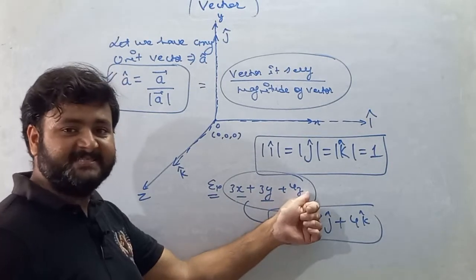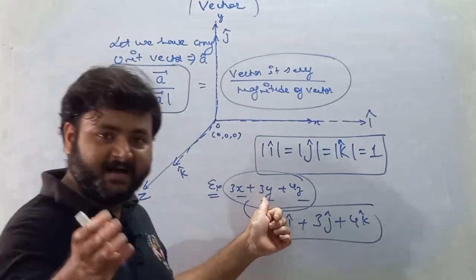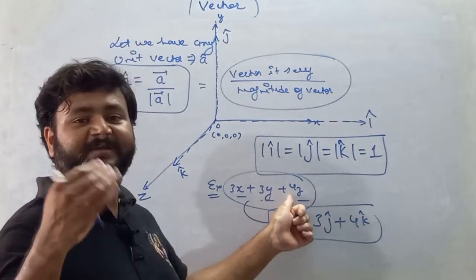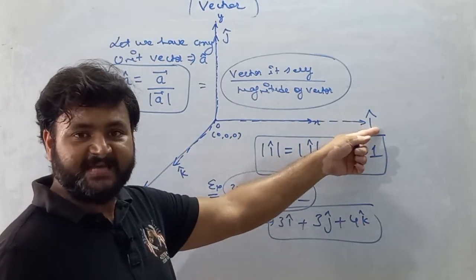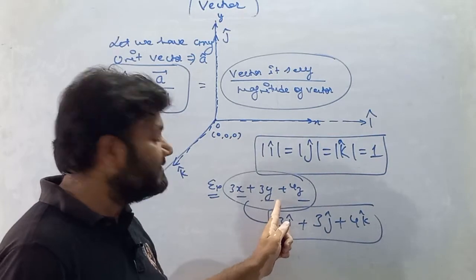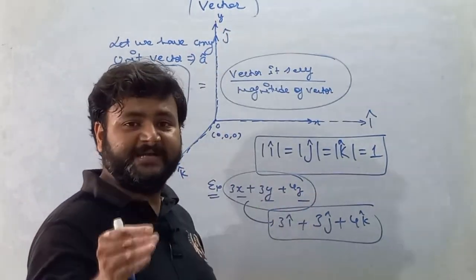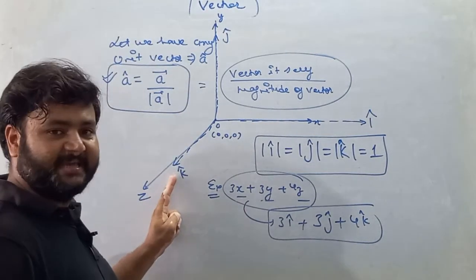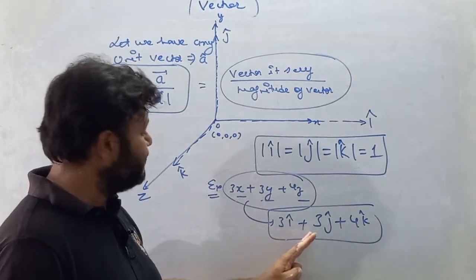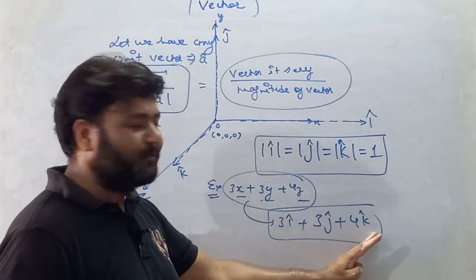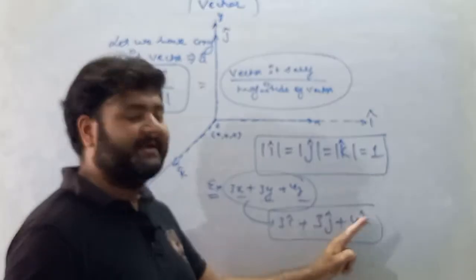So this equation says the particle is moving 3 along x-axis, 3 along y-axis, and 4 along z-axis. So x means unit vector along x-axis, that is i cap. y means unit vector along y-axis, that is j cap, and z means unit vector along z-axis, that is k cap. So this equation can also be written as 3i cap plus 3j cap plus 4k cap. x for i, y for j and z for k.